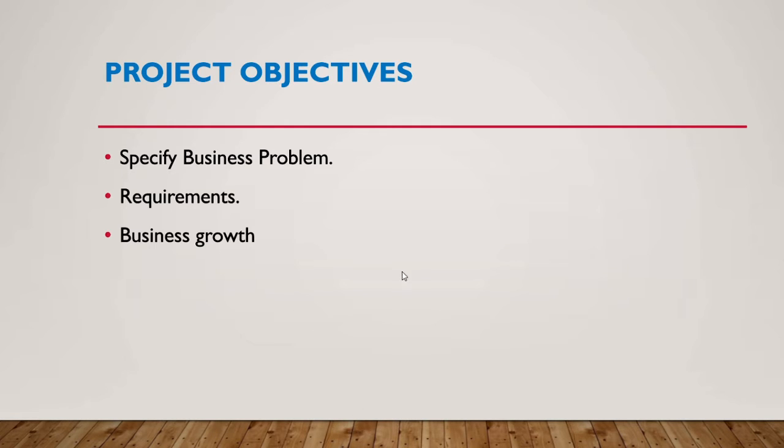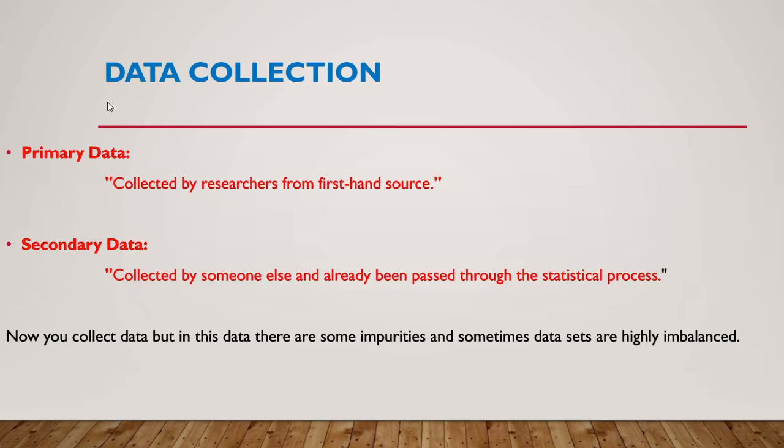So you have to specify the business problem here, and you have to consider the requirements of an end user in your project objective or software objective, the end user who will use your software, or you can say the targeted audience who will use your software. And then you have to specify how, from your project or software, a company can grow its business and make profit. Then we have to do the data collection.